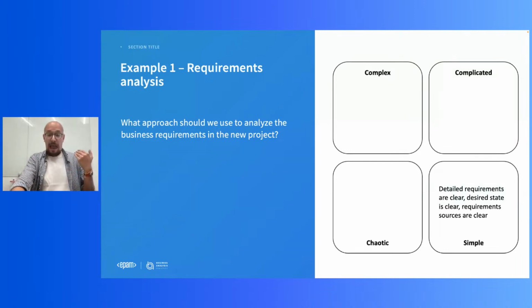And when business requirements fall into this domain, the focus should be on following established processes, protocols, and guidelines. So traditional analysis techniques such as standard business process modeling or maybe use case diagrams can be effective in this context because, well, you know the business context, so you know how things are connected, right?